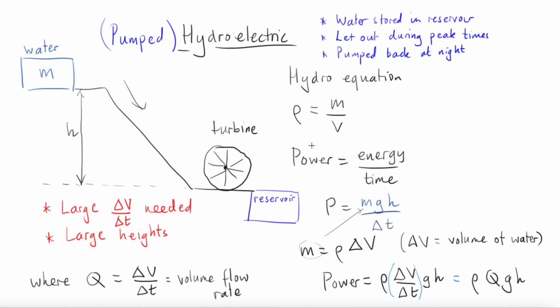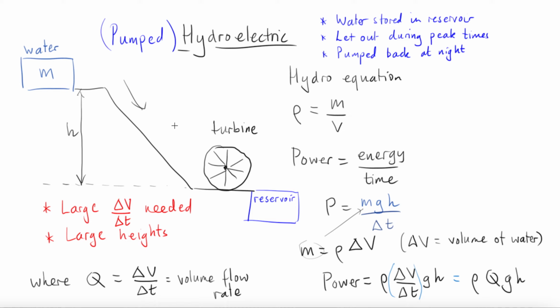So if we have the density equation, density is mass over volume, and the power equation, power is energy divided by time. The power is the change in gravitational potential energy, mgh, over a change in time, which we can call delta t. To get the mass of the water that falls a height h, we use the mass from the density equation.